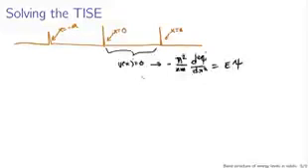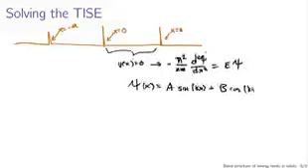Our general solution is that psi of x is equal to A times sine kx plus B cosine kx, where k squared is equal to 2mE over h bar squared. This should all look familiar. It's solving a second-order differential equation, essentially the simplest second-order differential equation you can think of.